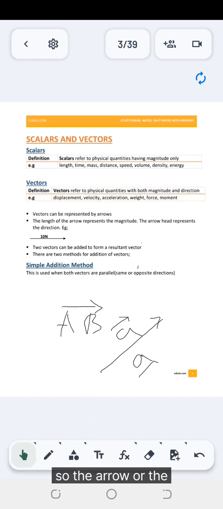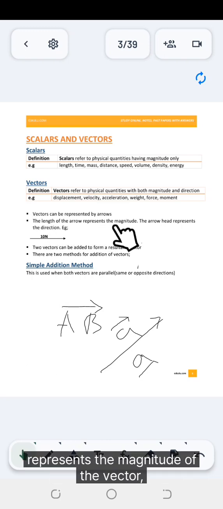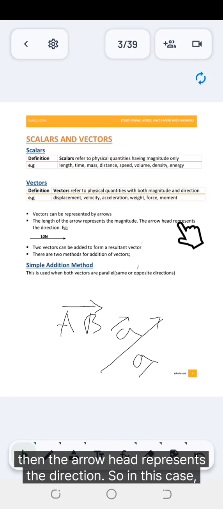The length of the arrow represents the magnitude of the vector. Then the arrow head represents the direction.